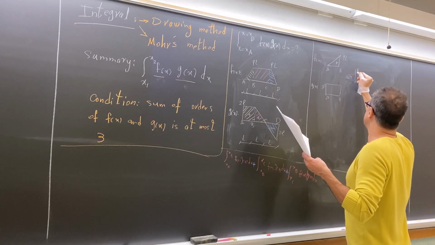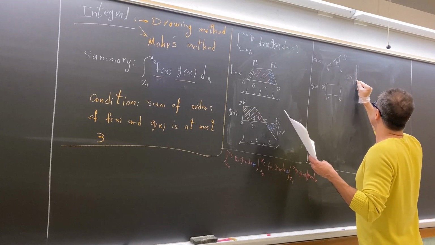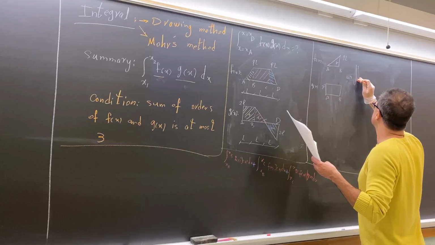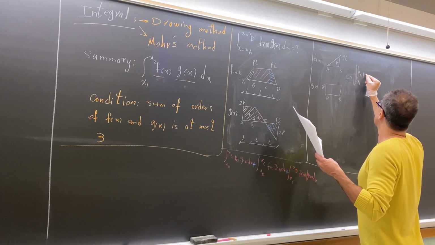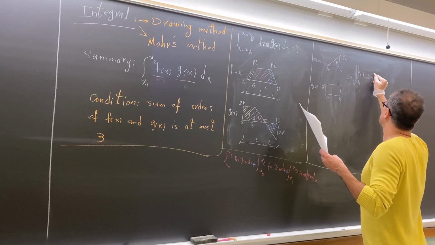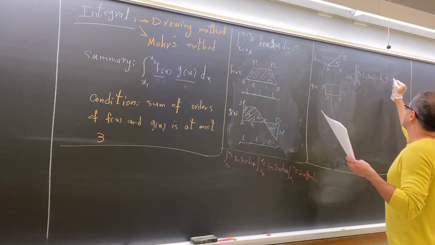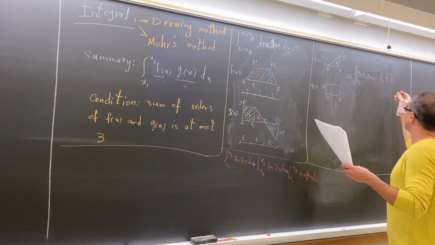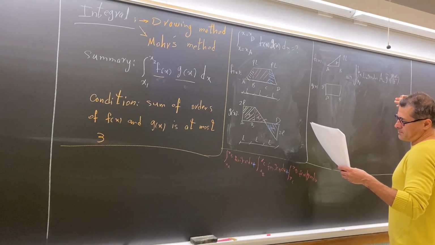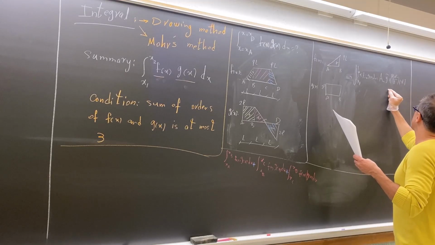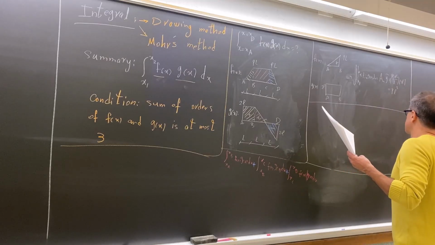So from A to B, integral from A to B, FG is AM times Y bar, PL times L divided by 2, and 2L. So the final answer is PL cubed. This is the first step.